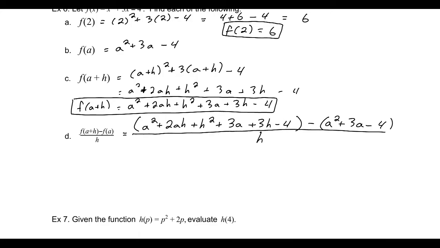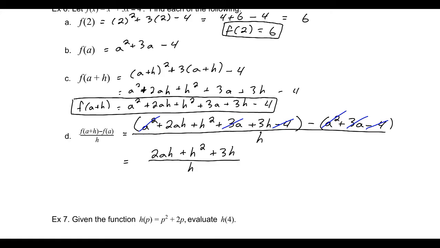Now if we distribute the negative on the second half of that and then combine like terms, a few terms cancel out. Our a squared terms cancel out, a squared minus a squared. We have 3a minus 3a, and we have negative 4 minus negative 4. So what we have left is 2ah plus h squared plus 3h divided by h.